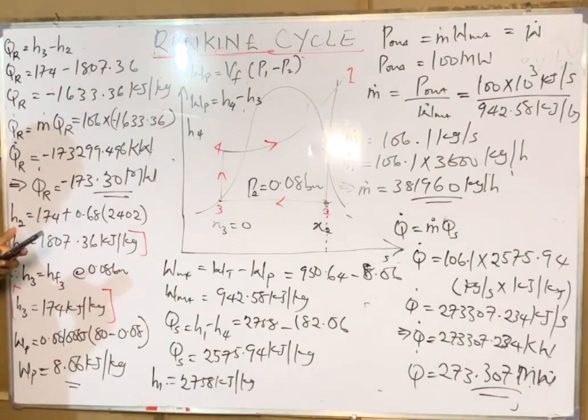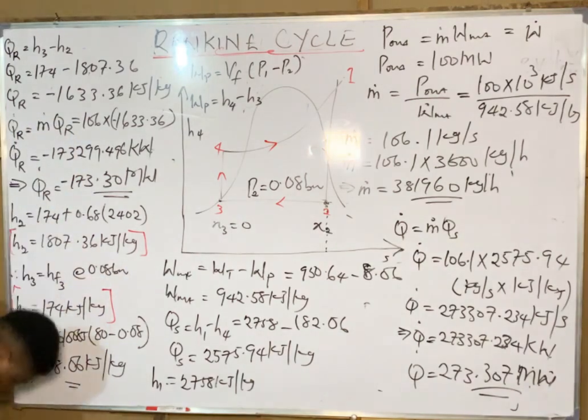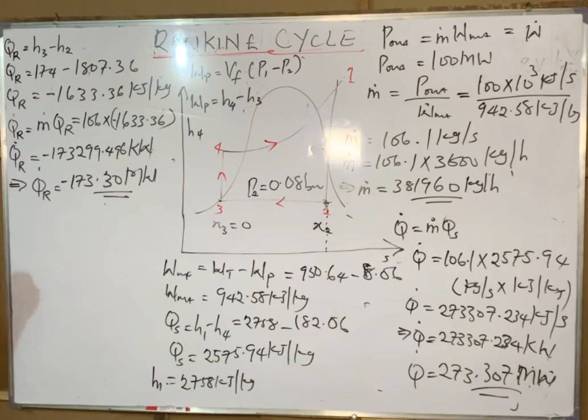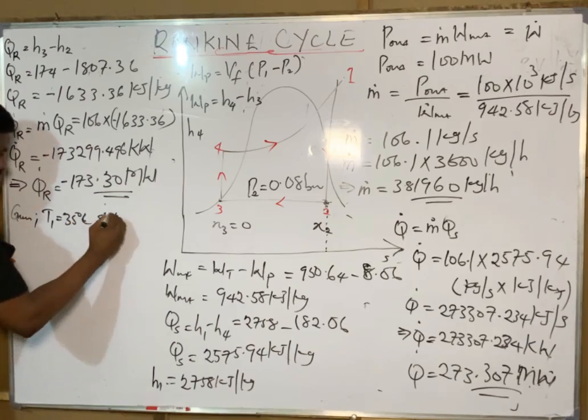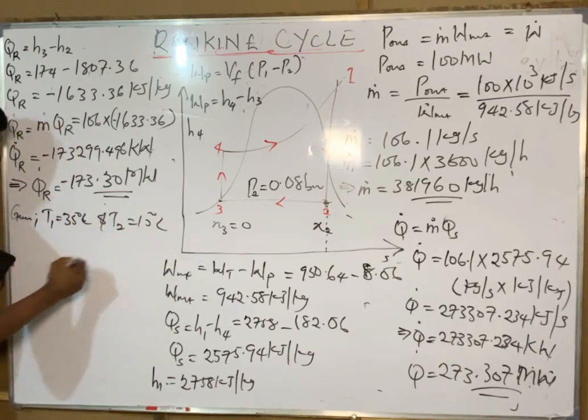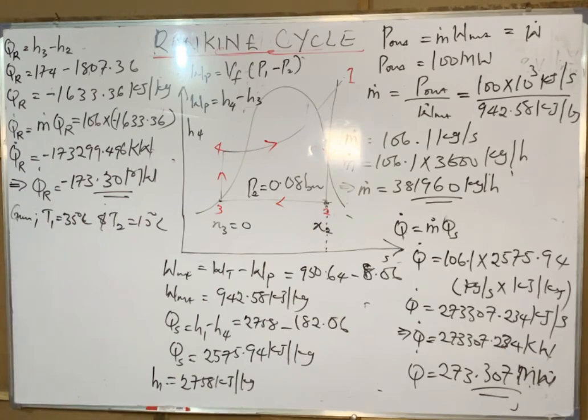And finally, the last question asks for the cooling water mass flow rate, when you're given temperatures between 15 degrees Celsius and 35 degrees Celsius. Given T1 is 35 degrees Celsius and T2 is 15 degrees Celsius, the equation we are going to use is the equation for specific heat capacity.